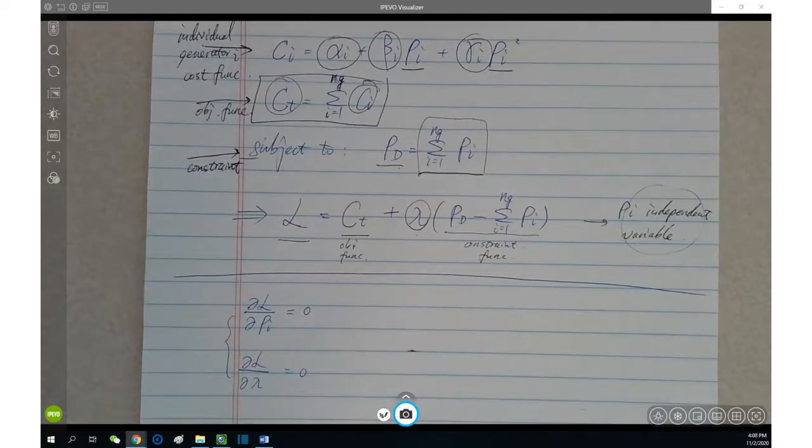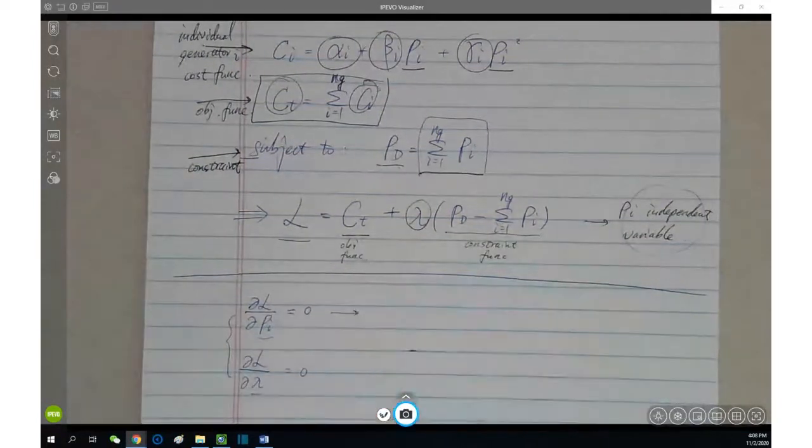We just talk about the cost function with this requested, or demanded, power as the only constraint. It is obviously an equality constraint, right? That's why we only do the partial derivative for two things: the independent variable p sub i and the introduced unknown lambda.